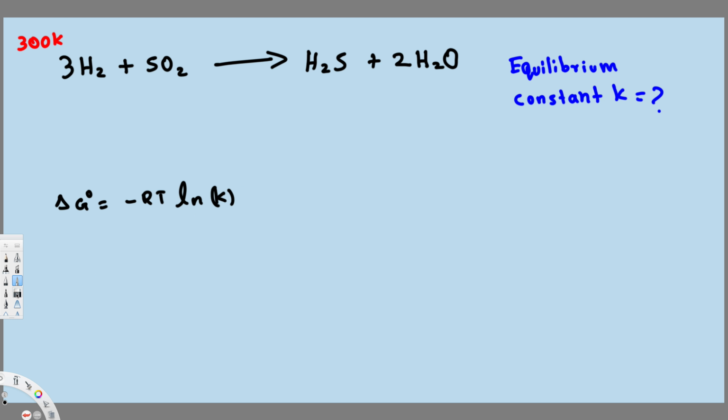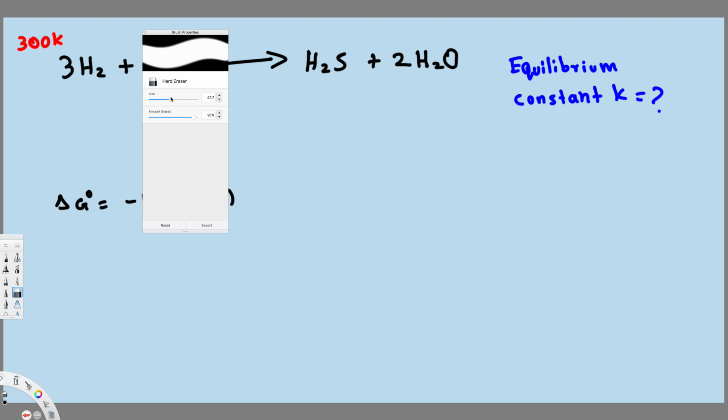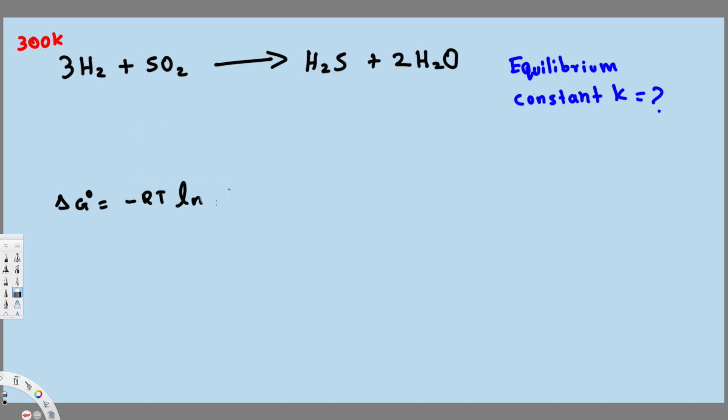So let's maybe write this one right here, because we have to find delta G, so we need this space. So let's find the delta G first, but let's keep this equation on the right side.